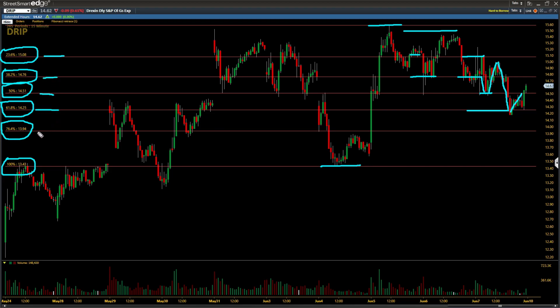And it's just fun to sometimes plot out a Fibonacci retracement and see how a stock reacts to Fibonacci retracements. And I'll give you guys a little tip.